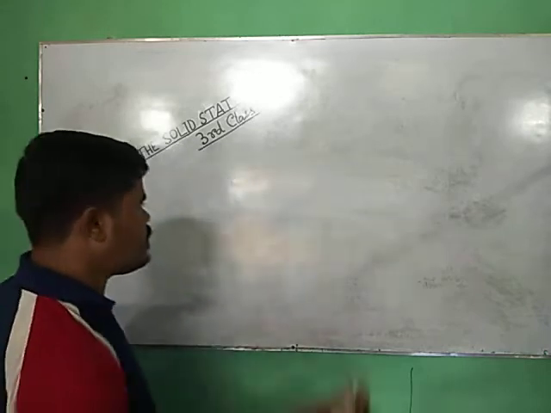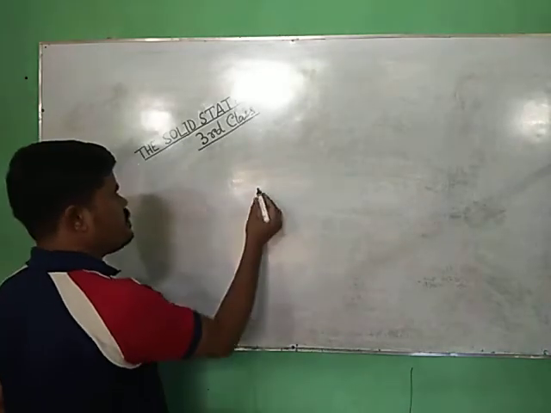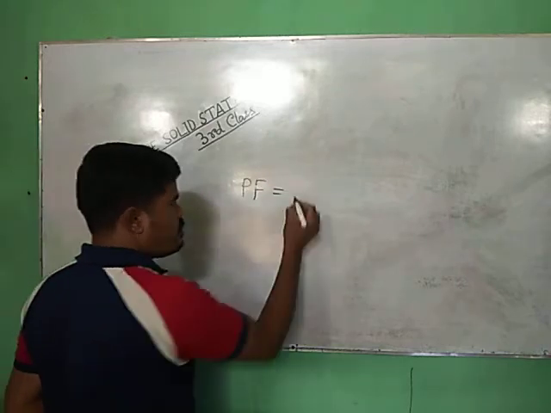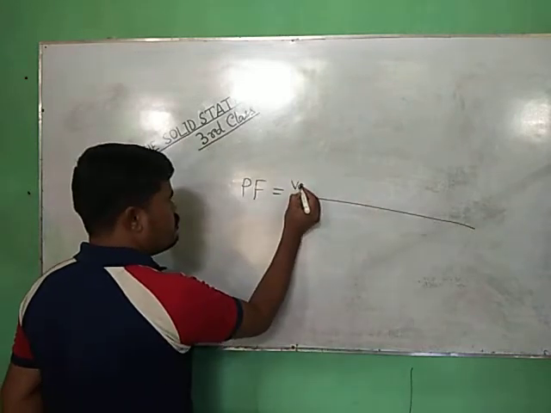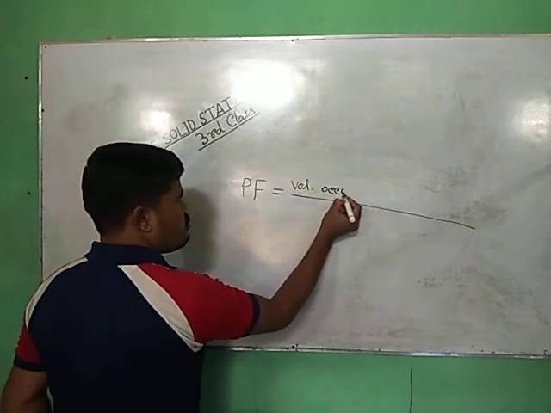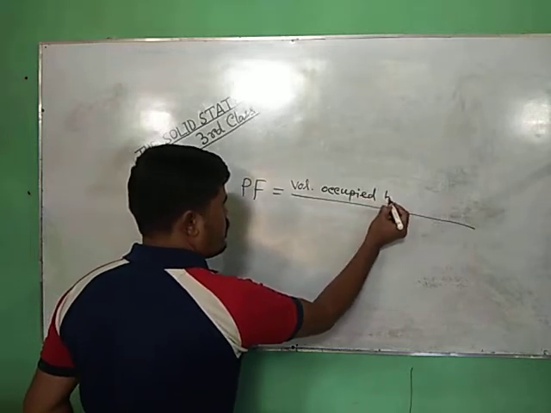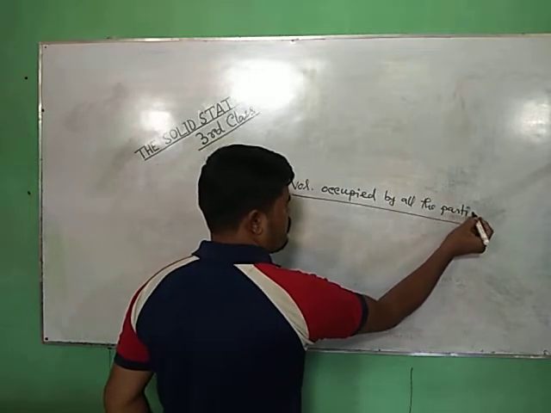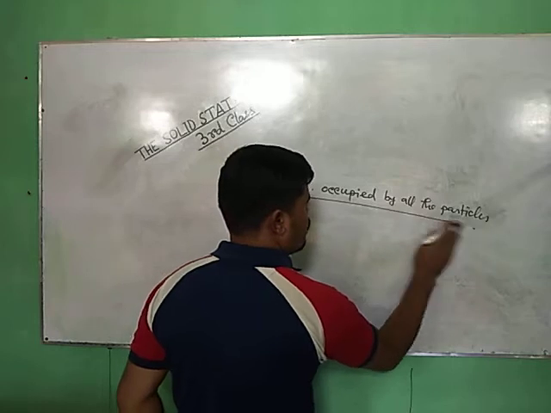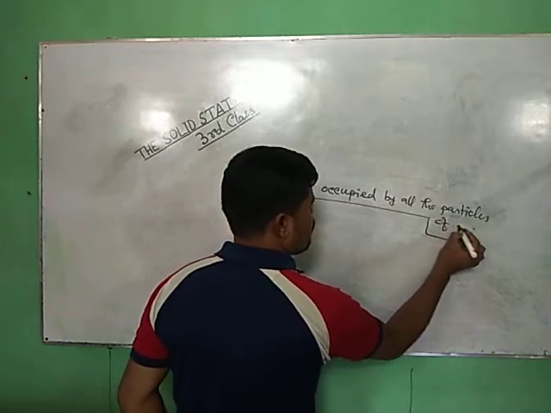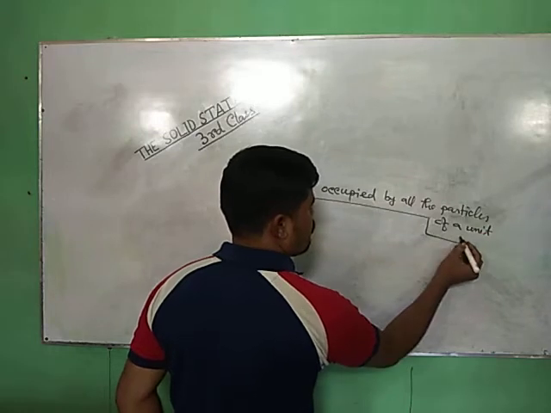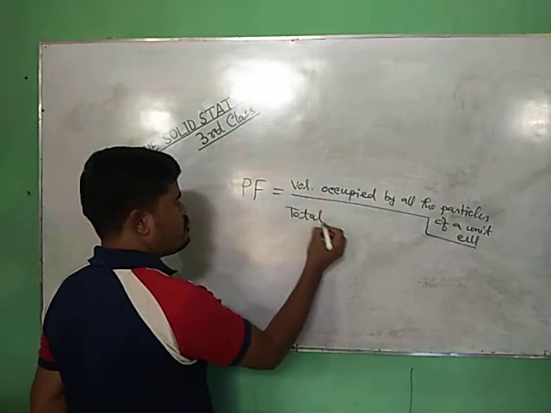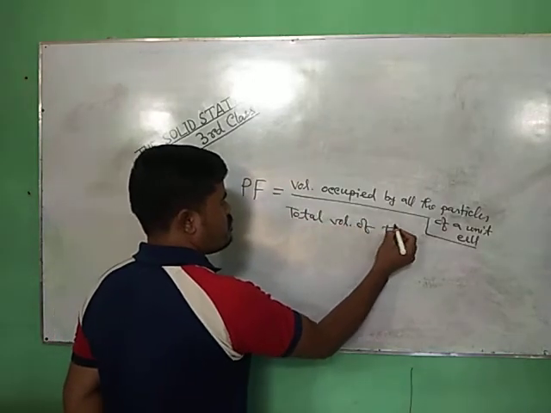The percentage of the total space that the particles occupy, we call the packing fraction or packing efficiency. The packing fraction is what? Volume occupied by all the particles of a unit cell, divided by total volume of the unit cell.